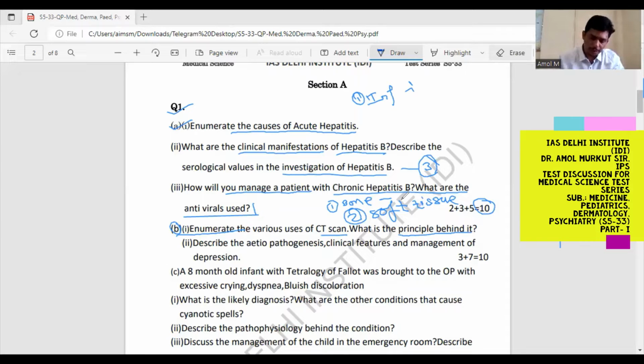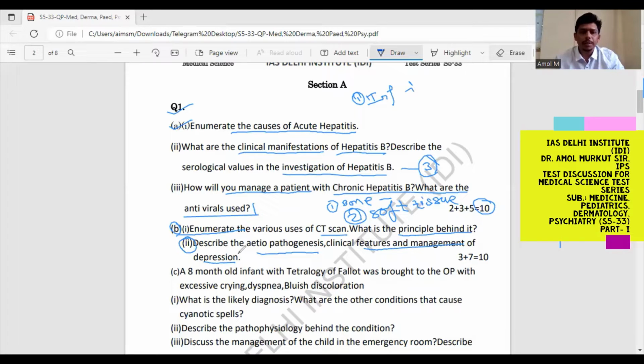Then sub-question 2: describe the etiopathogenesis, clinical features and management of depression. The etiopathogenesis of depression is not quite understood.